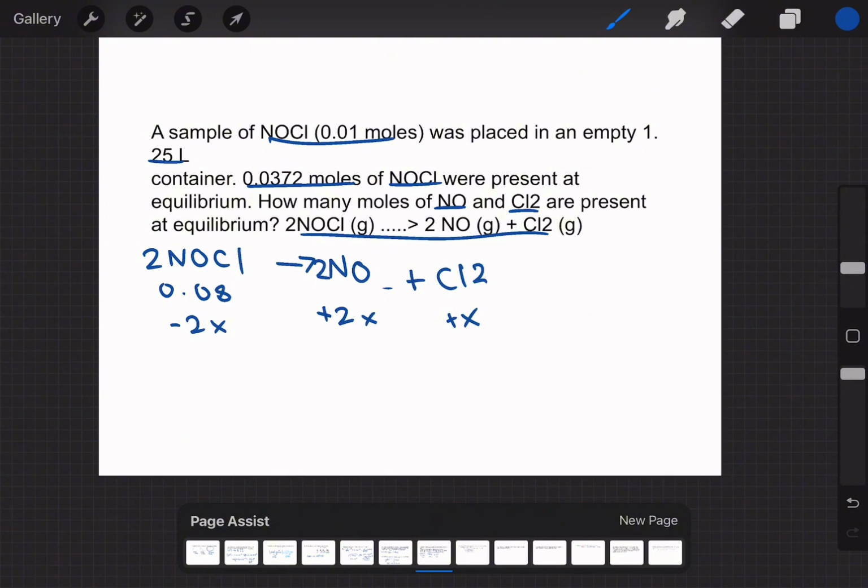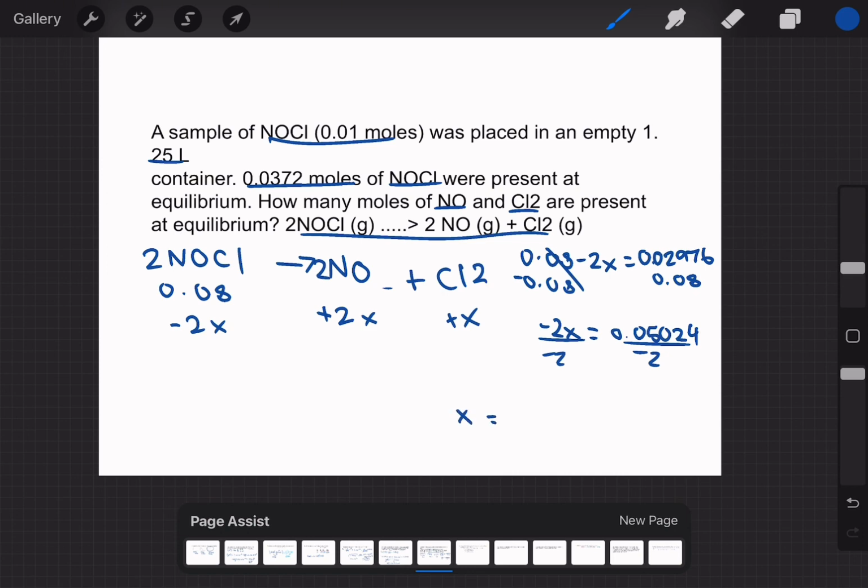And then after that, we are going to do 0.08 minus 2x equals 0.02976. You're going to then subtract 0.08 off of both sides, because what you do on one side, you do on the other. As always, you get negative 2x, which then equals 0.5024.